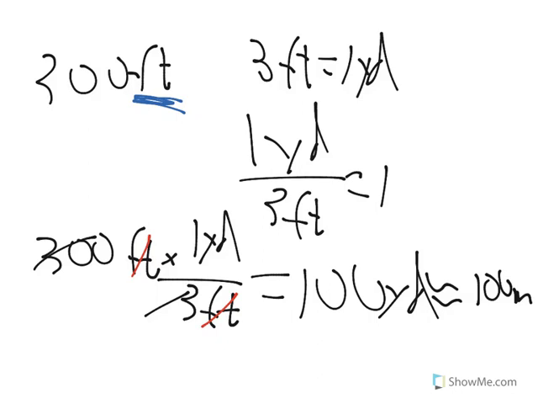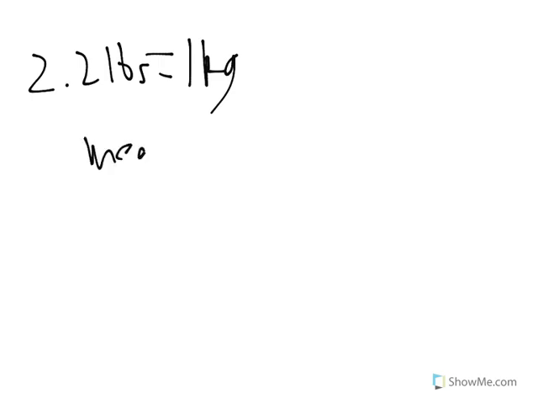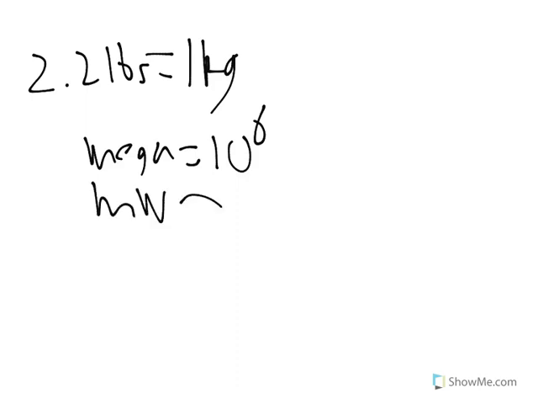We can do conversions between systems, and as long as you're given a conversion, say, 2.2 pounds is 1 kilogram, now you can do any conversion between pounds and kilograms you want. And similarly, if I give you prefixes, if I say mega, it means 1 million, 10 to the 6th, then you can convert megawatts into watts and vice versa.